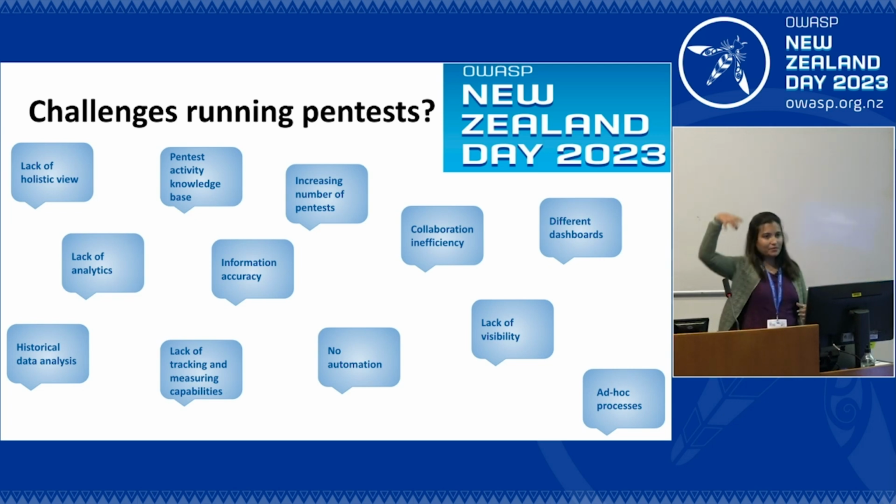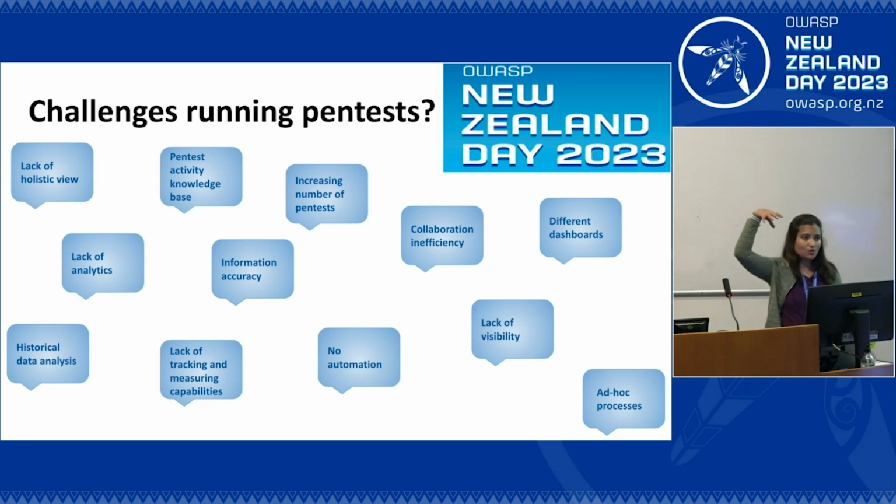Because now imagine you as a part of the CISO department, you have to manage all of these pen tests concurrently. You have to know which departments are running which pen tests, where they are, what the current risk posture is, how it is going, you have to track them. Basically you have to manage them, which is a challenge in itself.